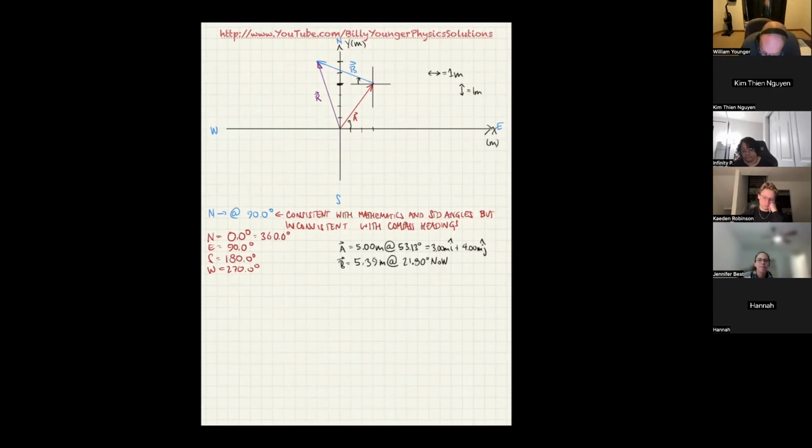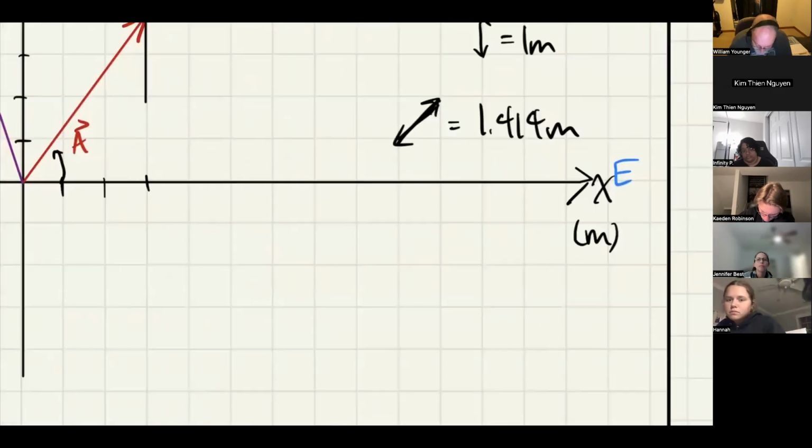And that also means that this distance from here to here is equal to 1.414 meters, because it's the square root of 2 basically from the Pythagorean theorem. And I should clean this up just a tad bit.